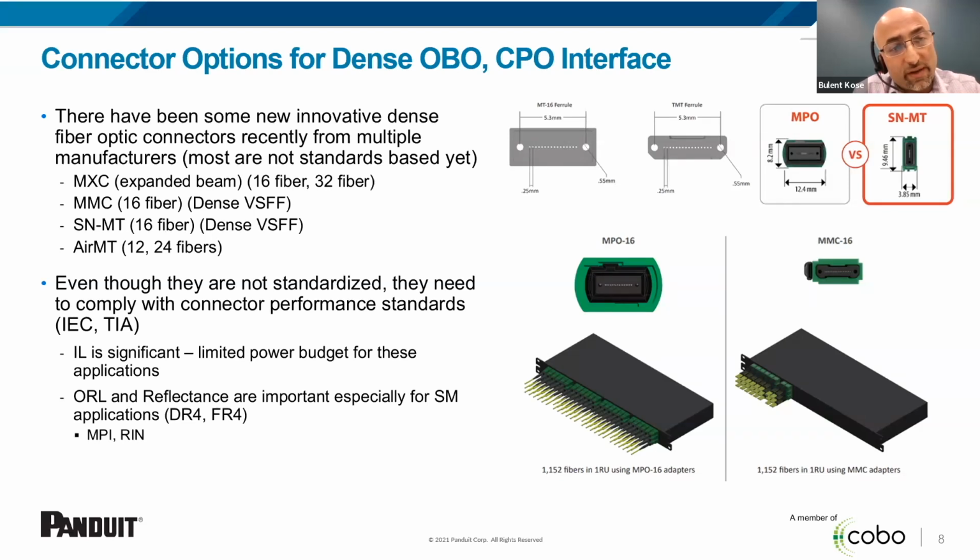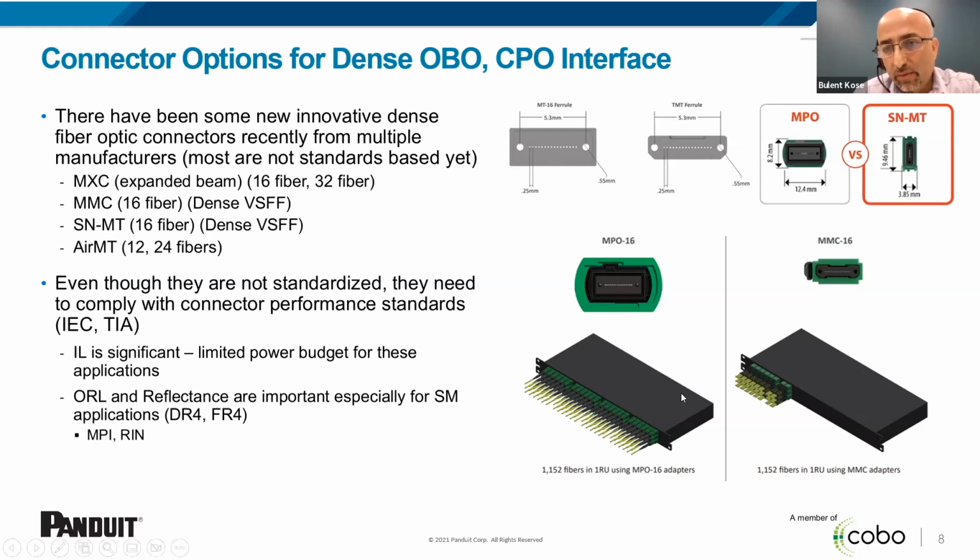Insertion loss is obviously very significant, because with these high-speed applications, we're working with a limited power budget. And not just insertion loss, but the optical return loss and reflectance are also important, because we're mostly talking about single-mode applications, DR4, FR4. These could cause multipath interference and relative intensity noise for the laser.